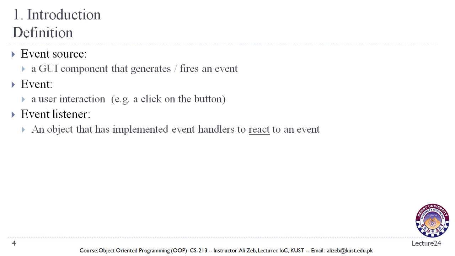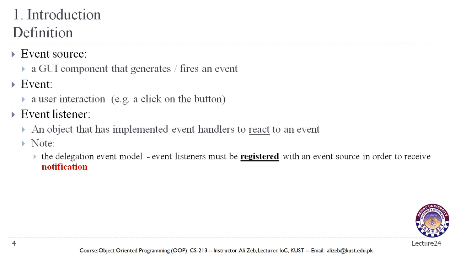An event listener is an object that has implemented event handlers to react to an event. So an event listener for a button would be, for example, a mouse listener object that should handle what we want the button to do when we click on it.